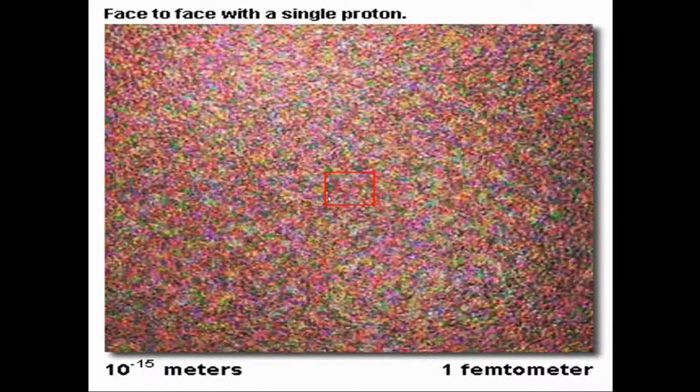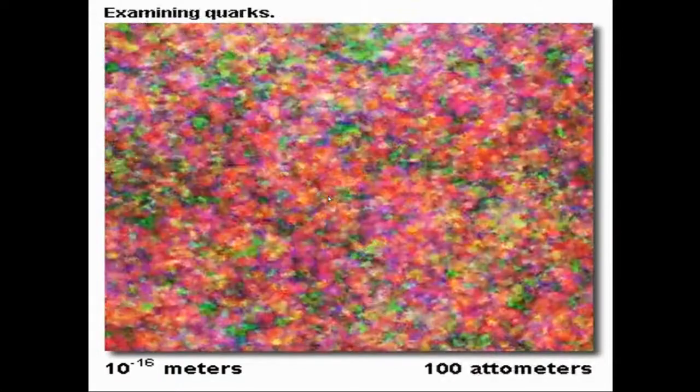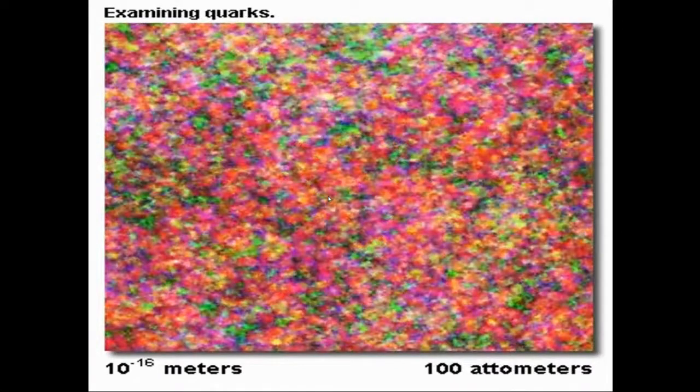Now, at 10 raised to the power minus 15, you are face to face with a single proton. And in physics now, we can break these protons. And we found out that it's made of something smaller that we call quarks.